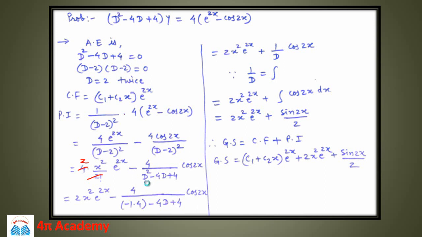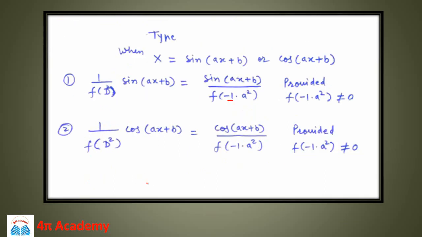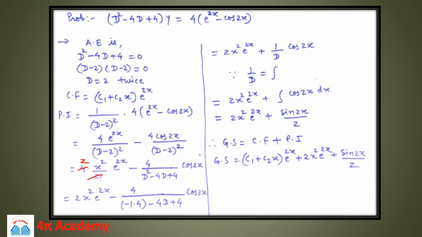we are using this type, that is sin ax or cos ax, that is sin (ax plus b), upon f of d square. For the value of d square, we are going to substitute minus 1 into a square. Here my a is 2, so 2 square is 4, so it will be minus 1 into 4, minus 4d plus 4, cos 2x.